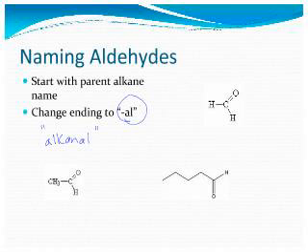So it will be alkane al for the name. So let's look at this first aldehyde. How many carbons are in it? One. Now, if this were just an alkane, what would the name of a one-carbon alkane be? Methane. So instead of methane, this is methanal.